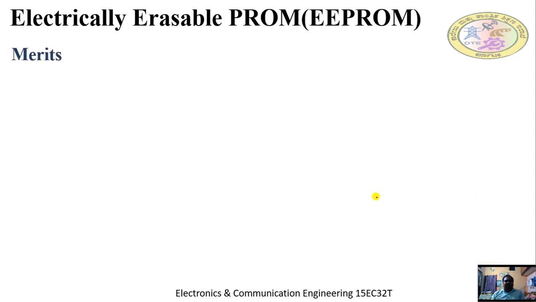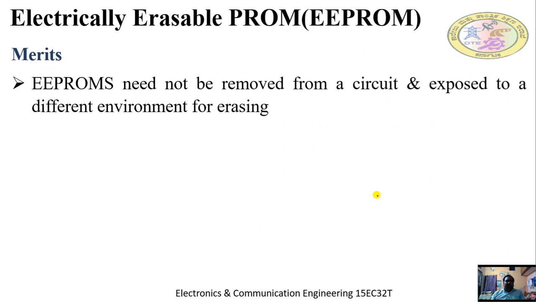What are the merits? EEPROMs need not be removed from the circuit and exposed to a different environment for erasing, which was not the case with EPROMs. In EPROMs, they had to be physically unmounted and erased in a separate environment. But here they need not be removed from the circuit.